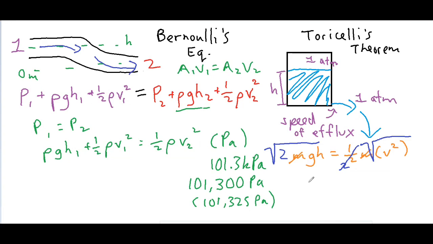So Torricelli's theorem is basically saying that if you take the square root of 2gh, then you can quickly and easily find the exiting velocity of a fluid coming out of a container.